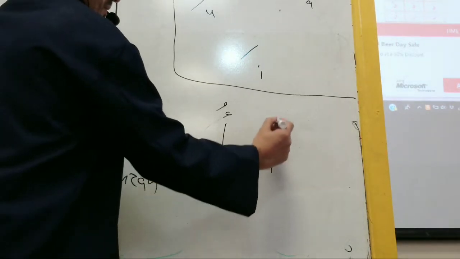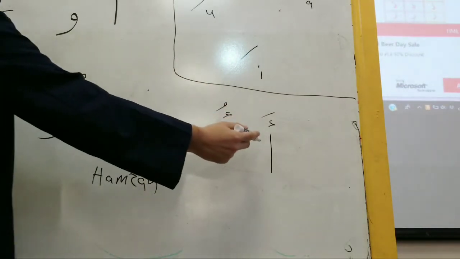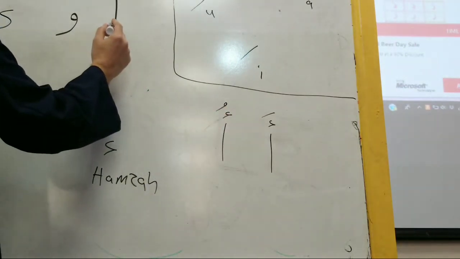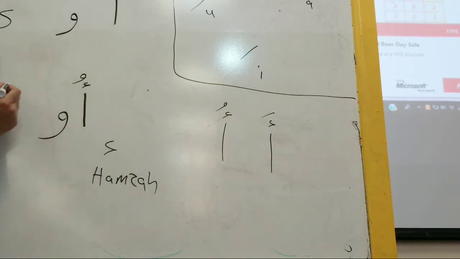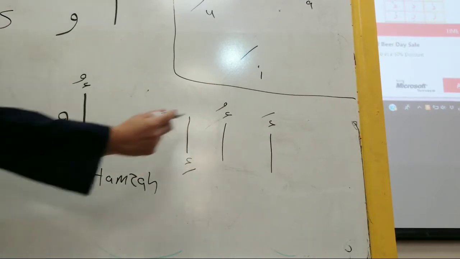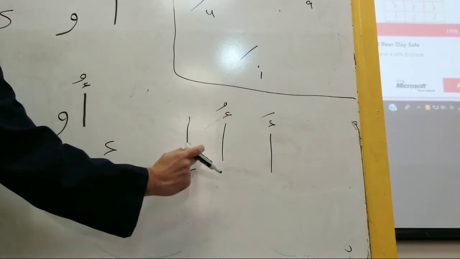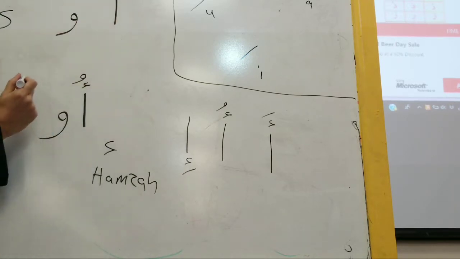This here, ah. And then this here, oo. And then this here, e, right? U, e, right?